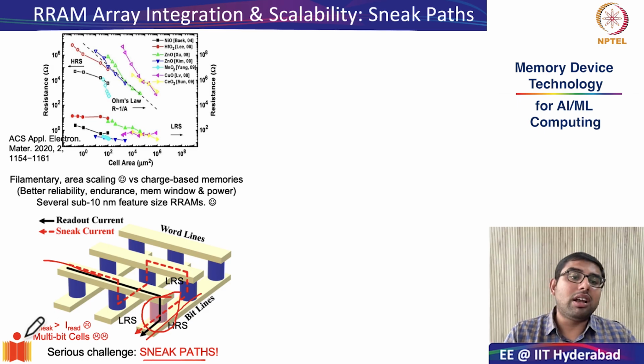In this particular example, let us assume that these cells which I am marking out are in low resistance state.